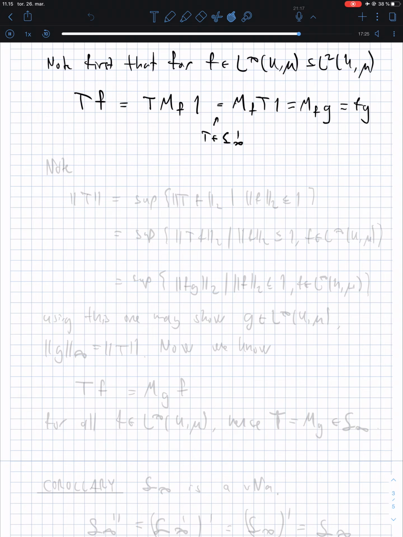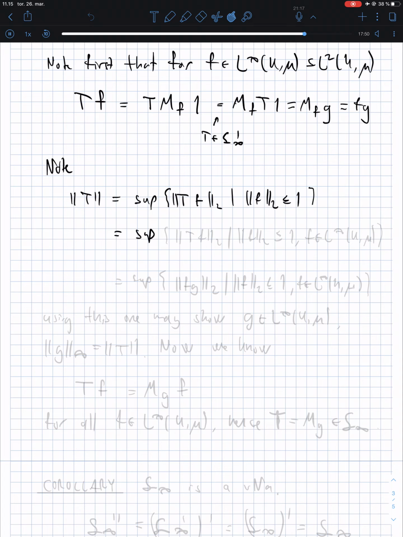So we note that, of course, the norm of T is the sup of the norm of Tf, where the 2-norm of f is less or equal to 1.